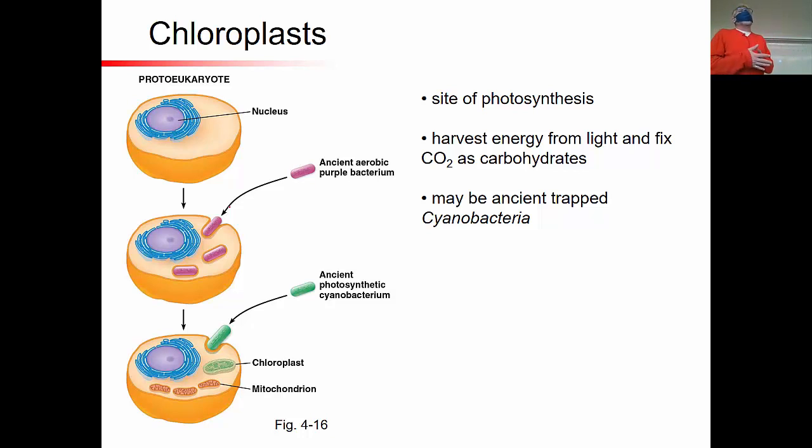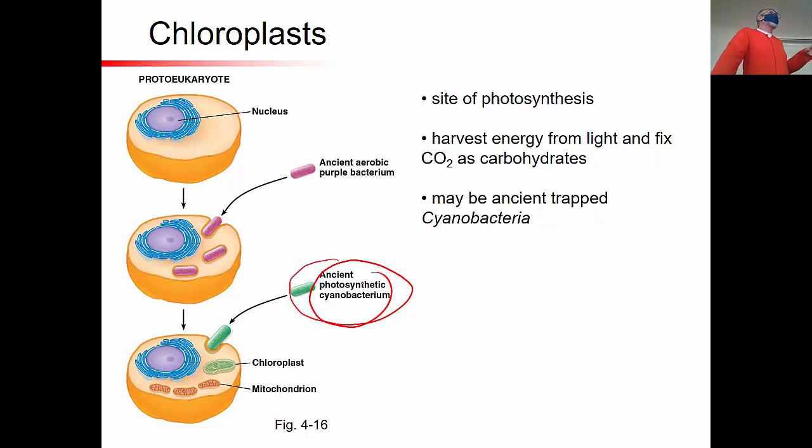More often you hear that the mitochondria is actually the result of a different type of bacterium. And then in the bottom they've picked up an ancient photosynthetic bacterium, which is a type of cyanobacteria. Cyanobacteria are also known as the blue-green algae, and we're familiar with those living in Victoria because we get these algal blooms, especially at Elk Beaver Lake every year. And they can be toxic. They're especially toxic to dogs.